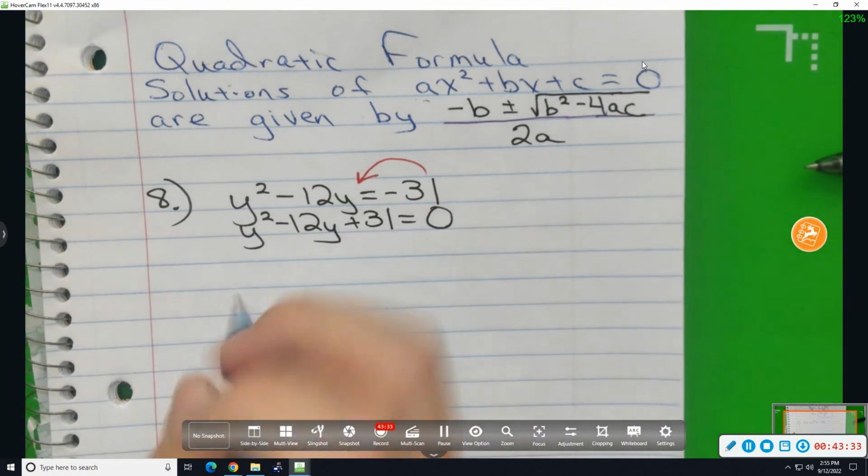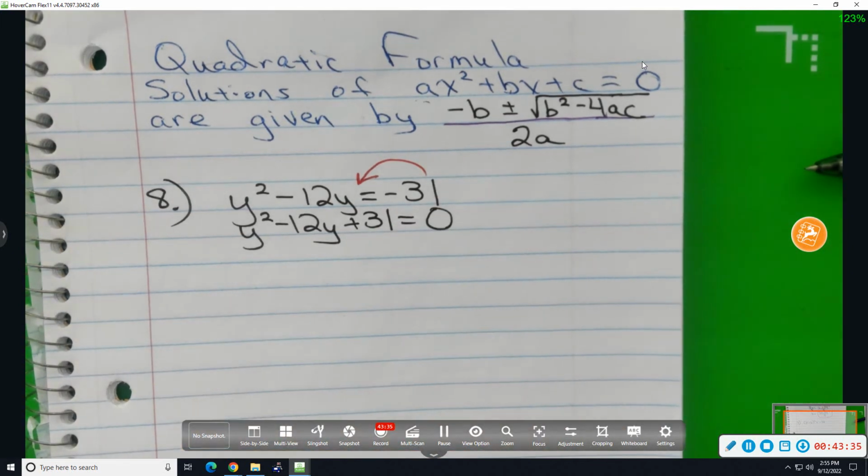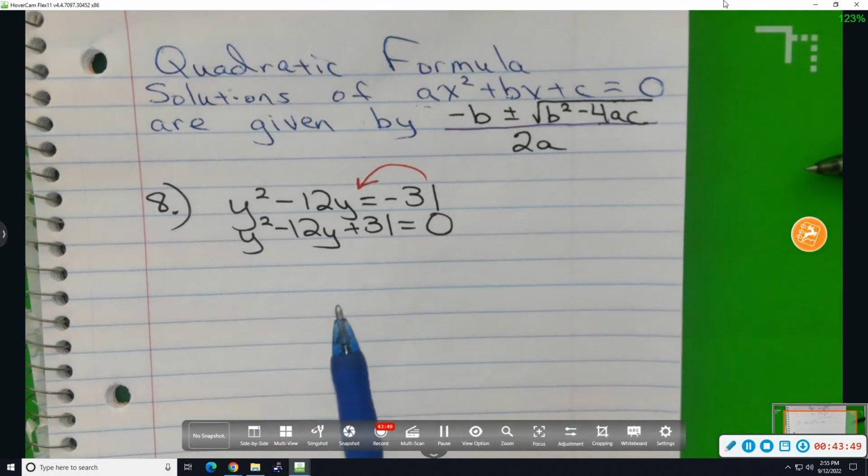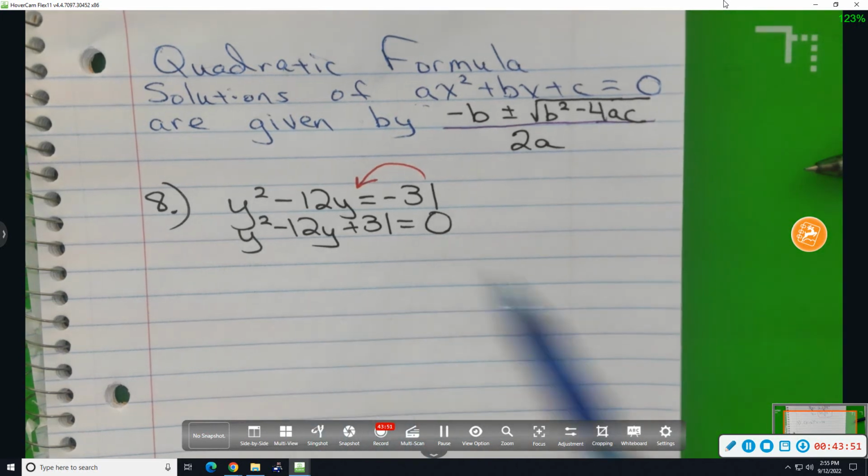I've always had students ask, why can't I just factor it? If it's factorable, you factor it and you go right ahead and do that, even if the instructions say use the quadratic formula. I'll tell you right now, it's not factorable. The only numbers that multiply together to give 31 are 1 and 31.